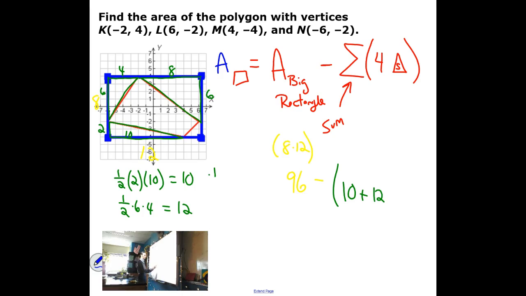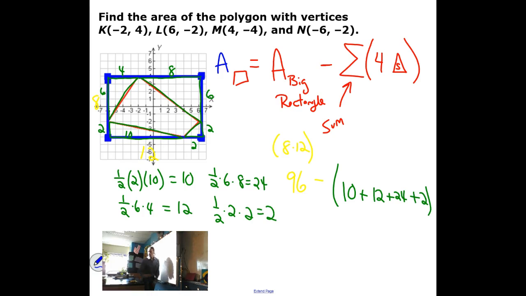One half of 6 times 8 is 24. You can see that this isn't a difficult process. It might be a little tedious, but it's a lot easier than figuring out the length of each of those diagonals. And the last one here is a mere 2 by 2, and that's just 2.